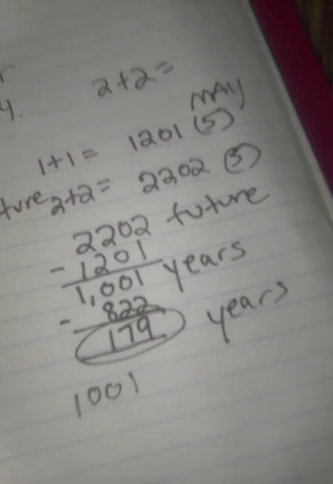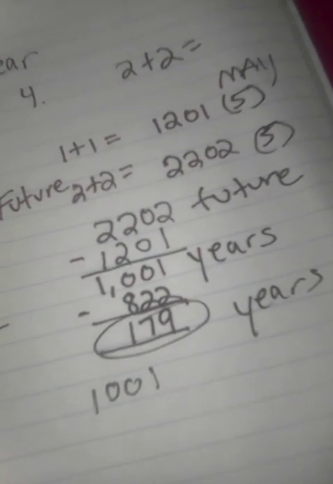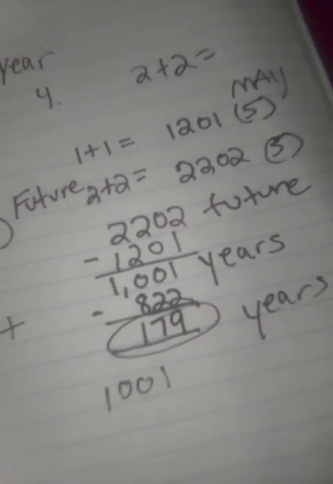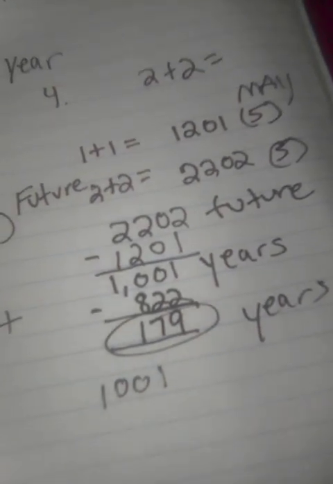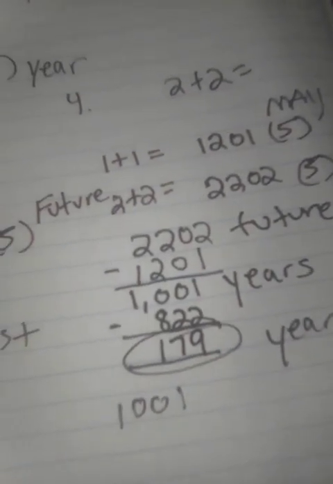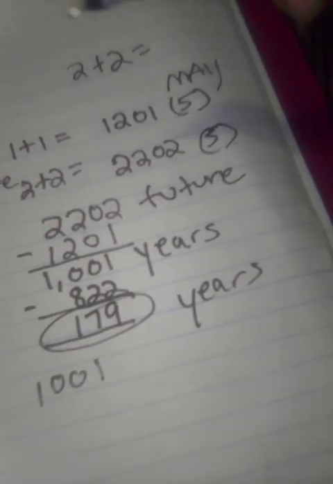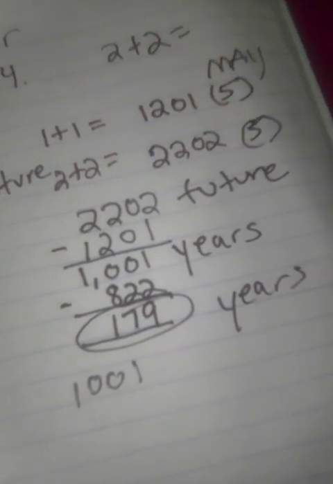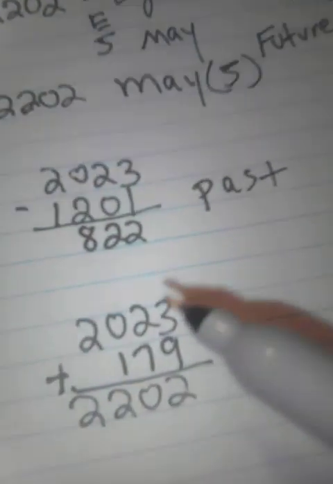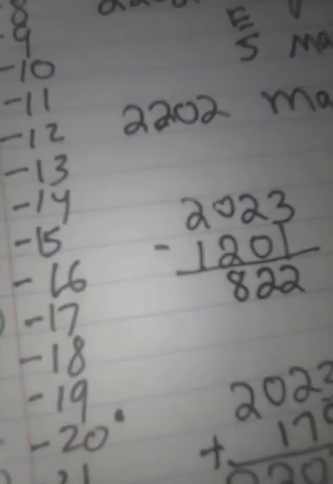God did something very interesting in leaving hidden knowledge for us to figure out something about our time, how much time we have left before we reach 1,001 years. And he put it in a simple math equation starting with 1 plus 1. So in order for us to reach 2 plus 2, we have to put in 179 more years to reach the future.